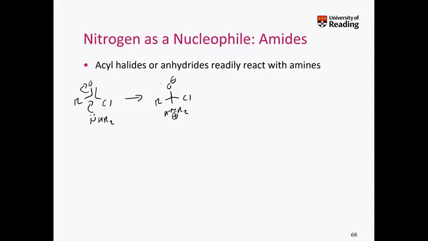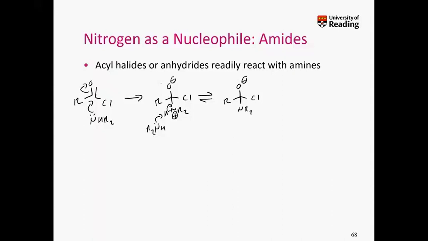We have that positively charged nitrogen. At this point, it's just worth showing that we have something which is basic. So we have our NH2R. This can actually pick up that proton, so we can deprotonate that nitrogen.